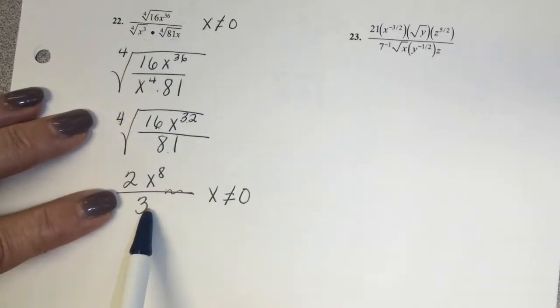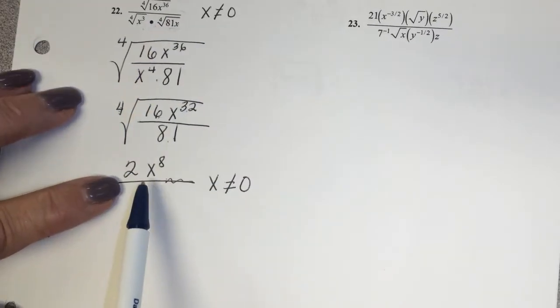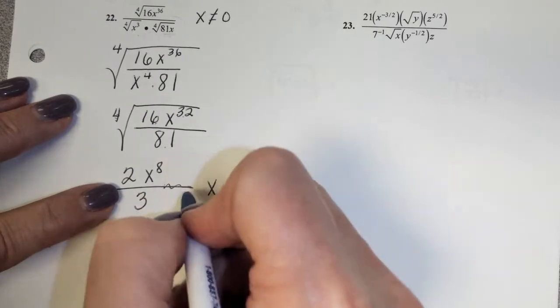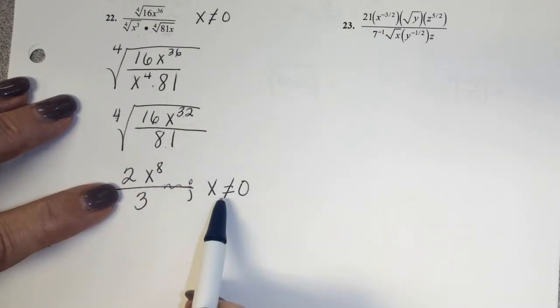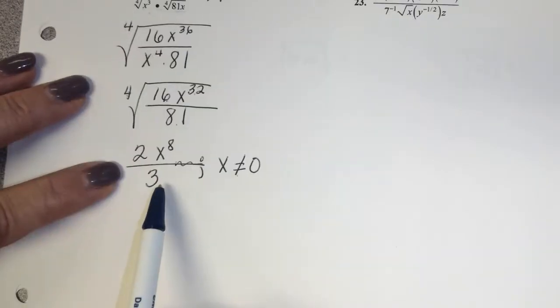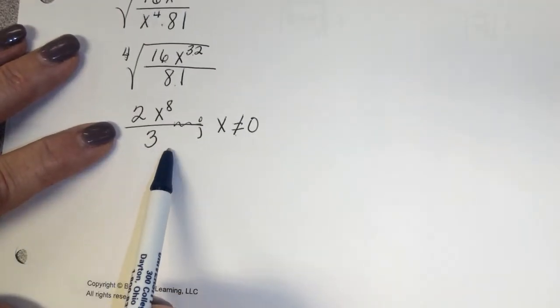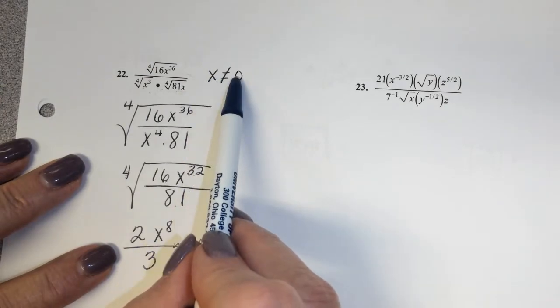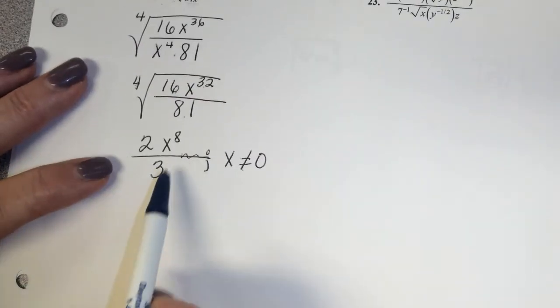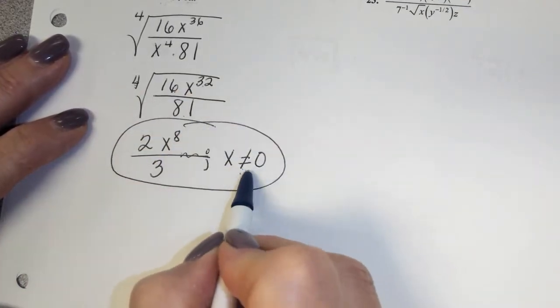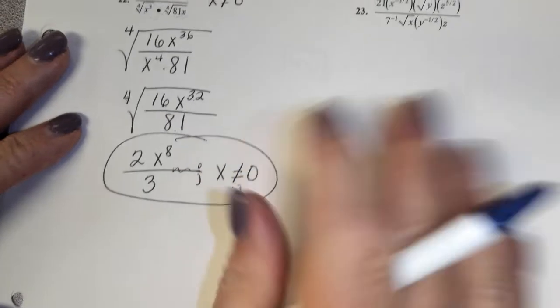I would get two different answers. So I have to say this is equivalent to this as long as x is not 0. Okay? X cannot be 0. Otherwise, this one's undefined and this one would have an answer of 0. So when I look at this domain, I say x can't be 0. And I would not get the same solution down here, so I have to make that restriction.